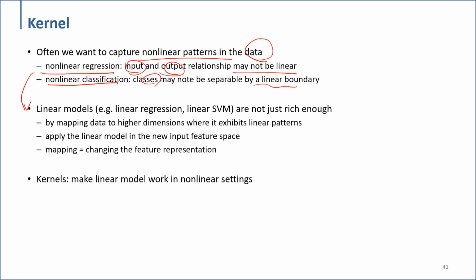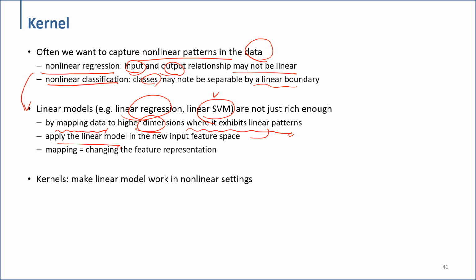So a linear model like linear SVM or perceptron that we discussed earlier is not rich enough. For that, we need to map this data to a higher dimension where it exhibits a linear pattern. By applying this linear model in the new feature space, we can do linear regression and linear classification.